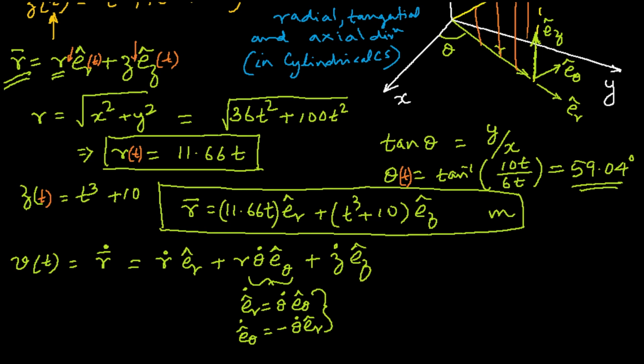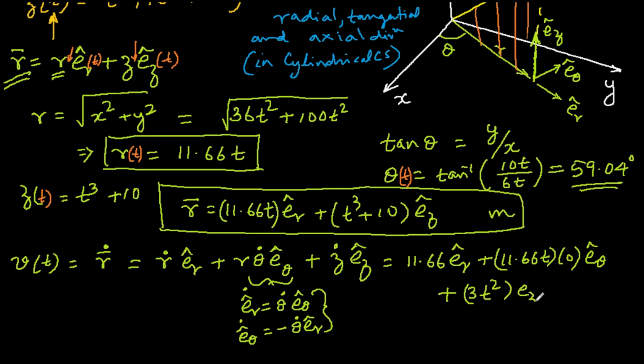Then just substitute everything here. r dot is nothing but 11.66 eR, plus, now theta dot is 0, so this is 11.66 t times 0 eθ, plus 3t squared eZ.